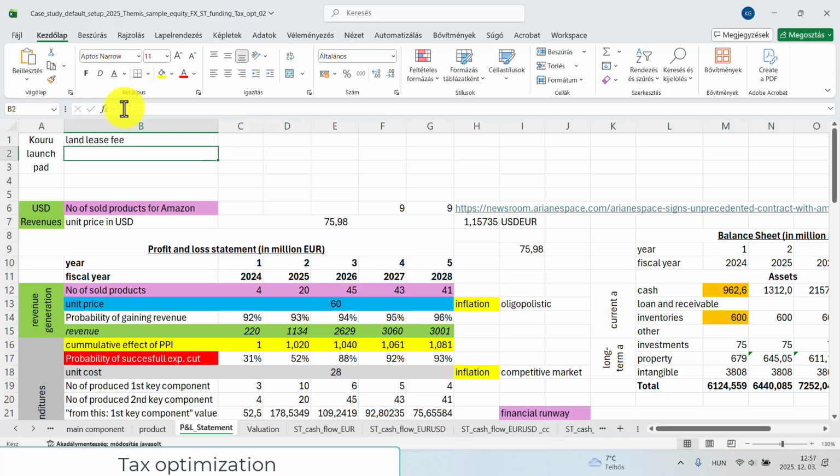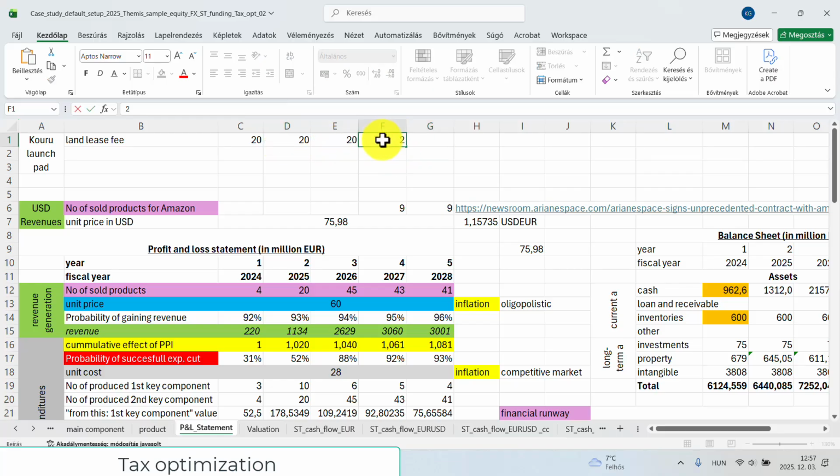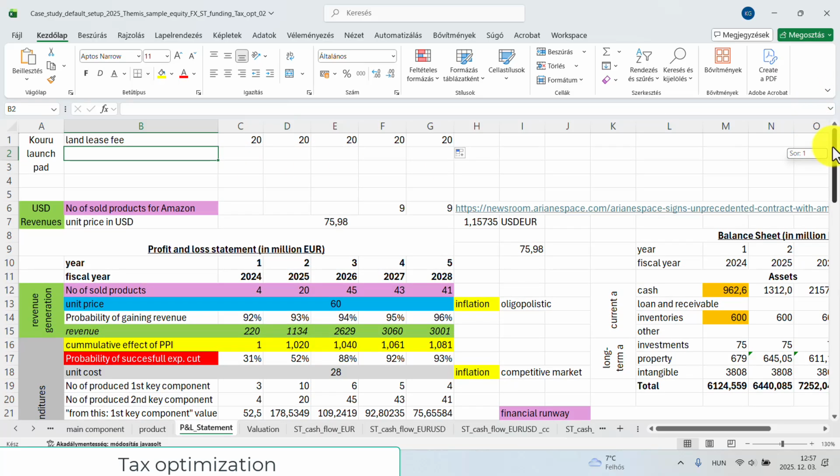Okay, what we can collect annually is 20, 20, 20, 20, and 20 again. We could even add a growth factor, but we don't care much about this. And we also have the interest revenue on all of this.